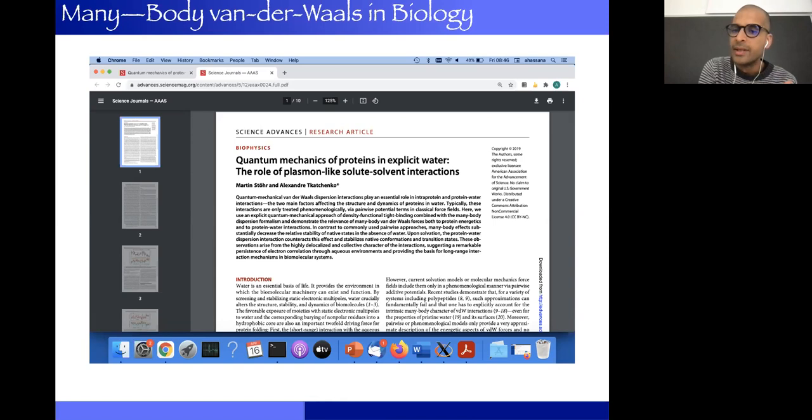It turns out, and what this paper tries to show, is that there are some very interesting, subtle, long-range, many-body Van-der-Waals interactions that play a very important role in protein folding, for example. I like to highlight this because it's a nice example of how fundamental physics from the point of view of electronic structure interfaces with interesting questions in biology.